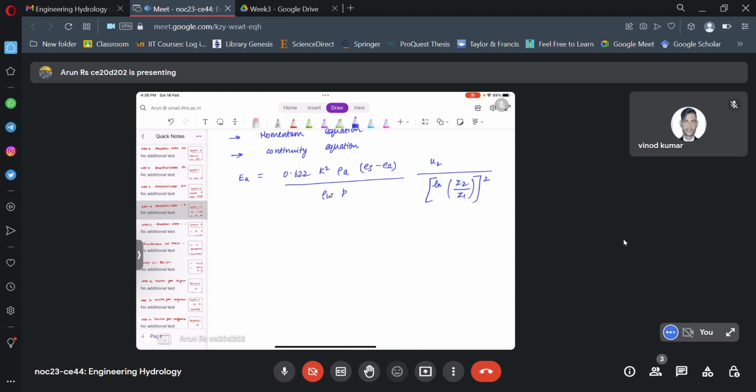So here K is the Kármán constant. This is from your boundary layer theory. That is equal to 0.41.